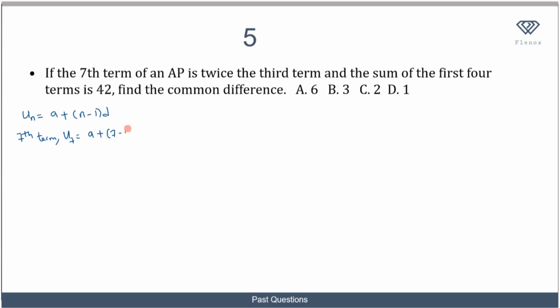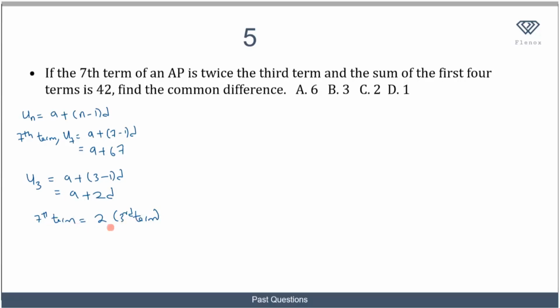A plus 7 minus 1 times D, and that will be what? A plus 6D. Similarly, we know that the third term U3 will be equal to A plus 3 minus 1 D, which will be what? A plus 2D. So we are told that the seventh term is what? Is 2 times the third term.